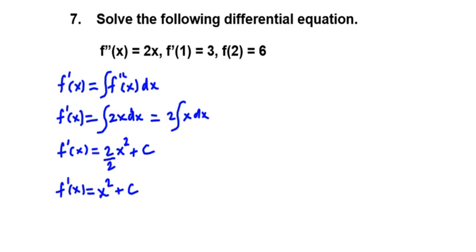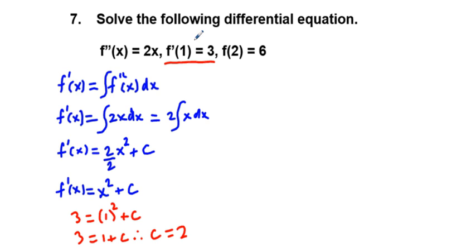Now, the next thing we're given is this condition, f prime of 1 equals 3. So replacing f prime of x with 3, and now we're going to replace x with 1. So we have 1 squared plus c. So we have 3 equals 1 plus c, and therefore c is going to be equal to 2.